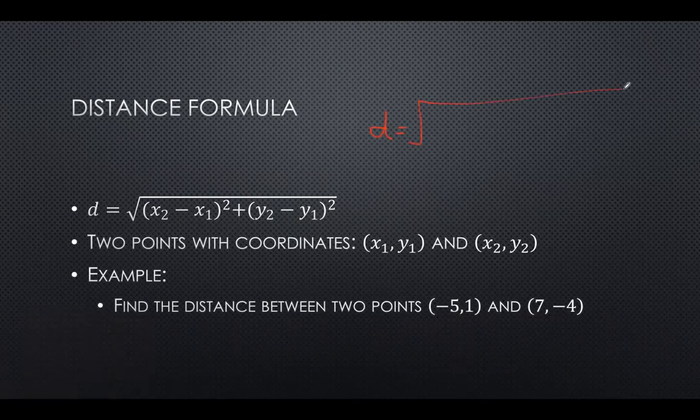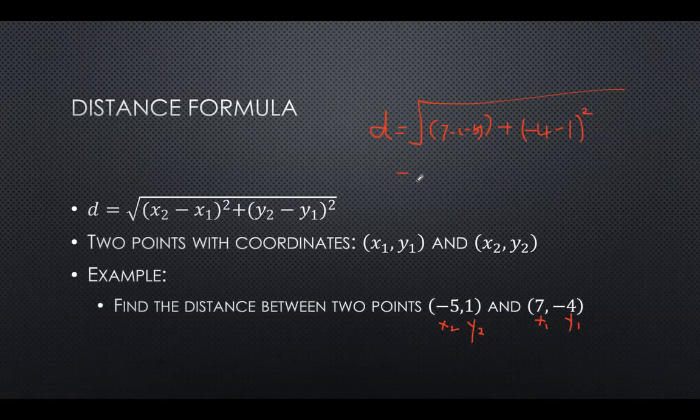is the square root of 7 minus (-5). In this case, this is x1, this is y1, this is x2, and this is y2. So you just plug in the numbers here.